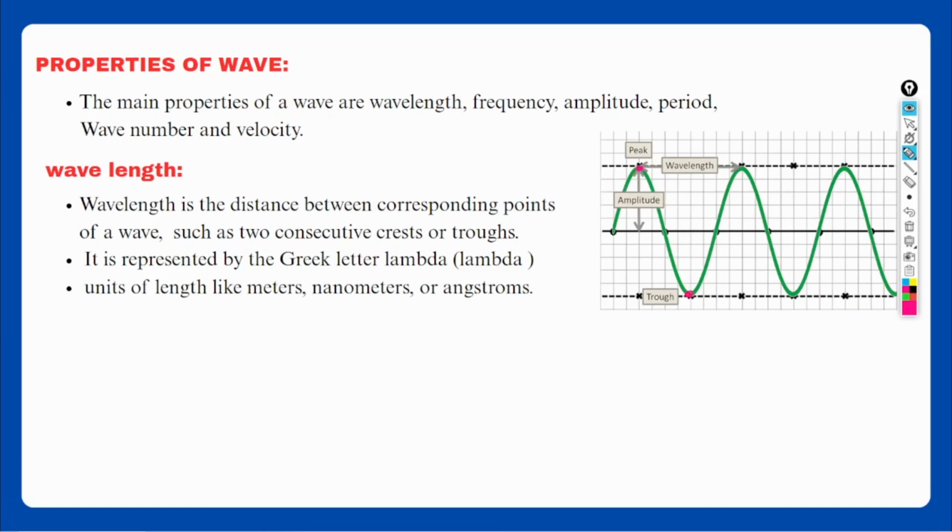Trough. The distance between two successive crests or two successive troughs, that means side by side troughs, is called wavelength. This wavelength we denote by the Greek letter lambda.